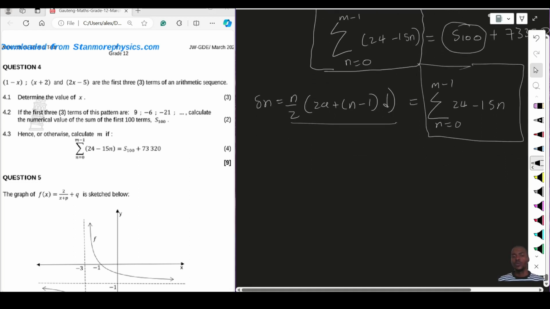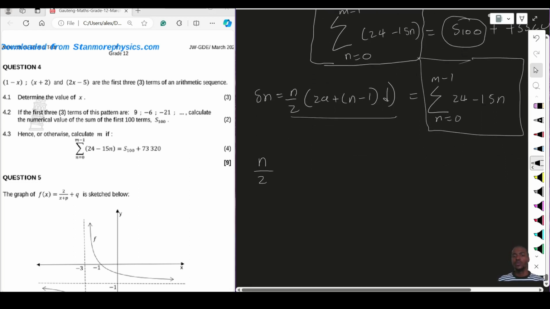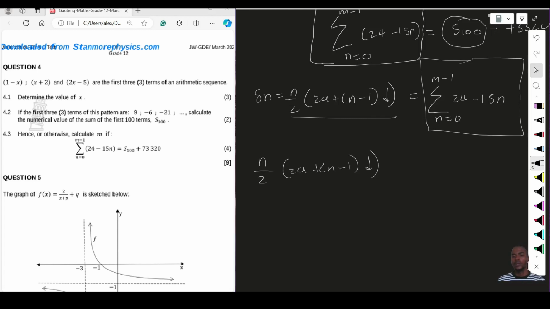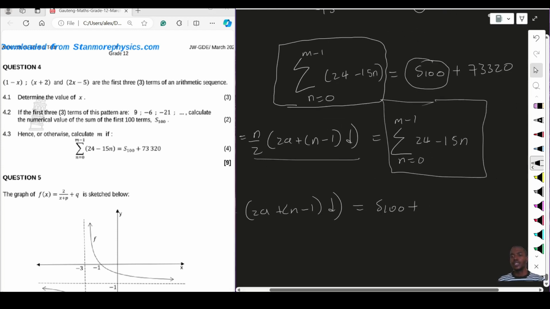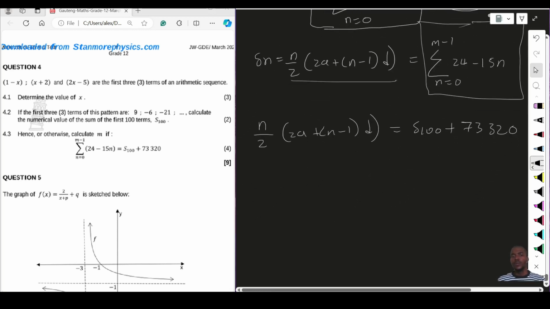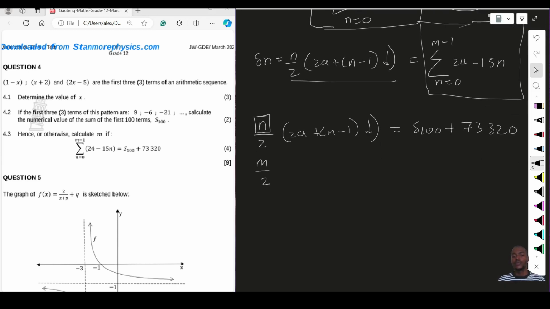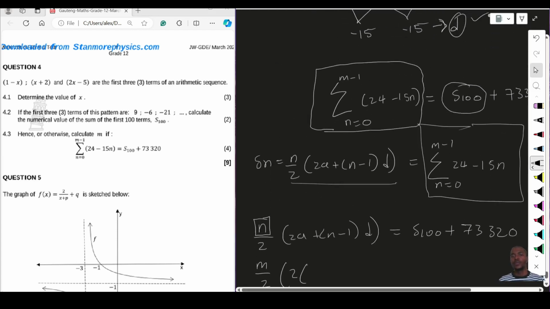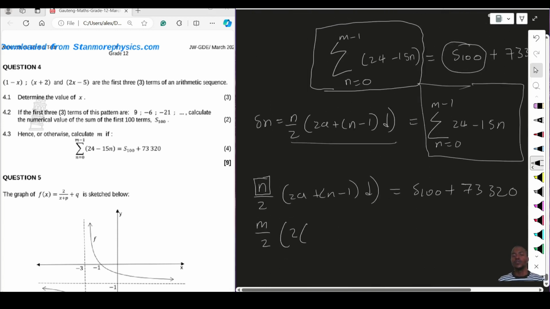So now we are trying to replace this. So we are going to say n over 2, times 2a plus n minus 1 d, is equal to S100 plus 73,320. Here we know that n, we said it's the same as m, so m over 2. Then this is 2. What is a? We found a. a is 24.